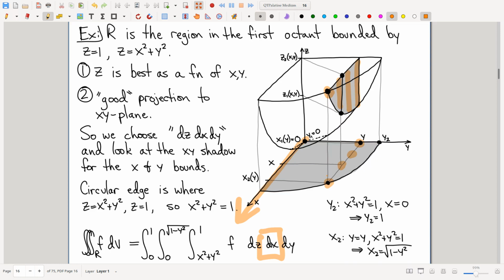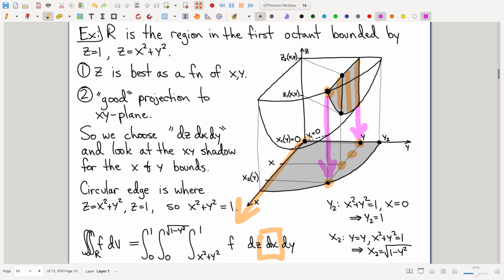And again, they're right on top of each other, right? The first value of X for the solid is the same as the first value of X for the shadow. And the last value of X for the solid is the same as the last value of X for the shadow as well.